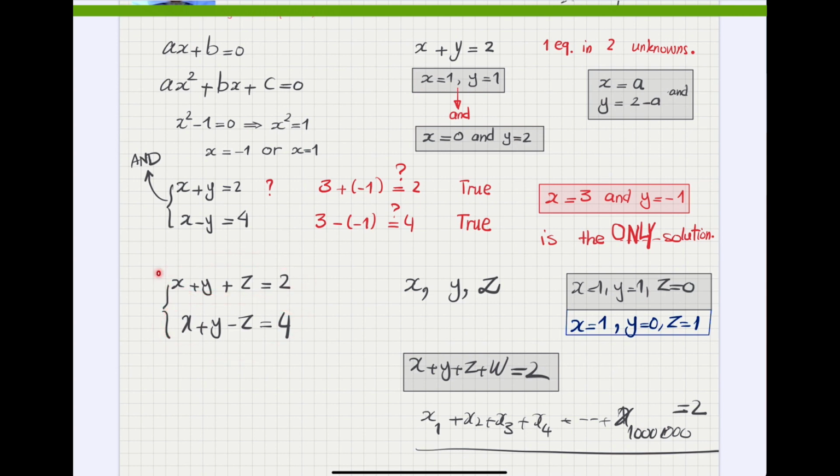So what is the meaning of this system? The meaning of this system, from geometrical point of view, means all the points that simultaneously lie on this shape and that shape. I will pick up all those points and read their coordinates. The x coordinate is the value for x, the y coordinate is the value for y, and the z coordinate of those points is the value for z.